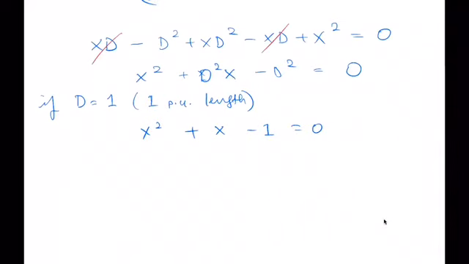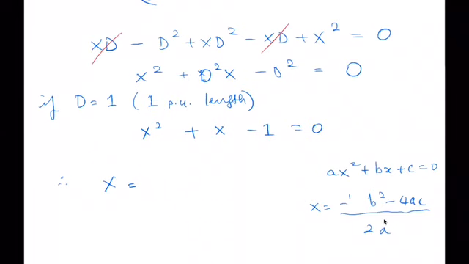Therefore, root of x is equal to? Yes, you need to find the root of x. Therefore, x has two components equal to what? If you have ax squared plus bx plus c equal to 0, x is equal to, what's the formula? Minus b plus minus square root of b squared minus 4ac over 2a, right? Because you have two terms.